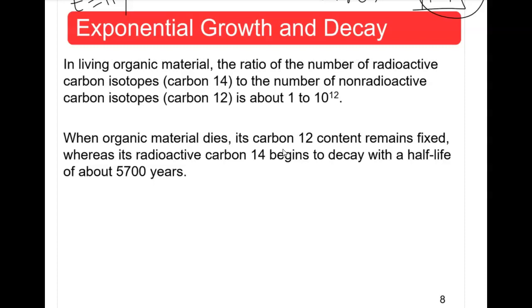So in living organic material, the ratio of the number of radioactive carbon isotopes, we're going to have two types of carbon isotopes. One will be carbon 14 and the other one will be carbon 12. So they are just different types of carbon.